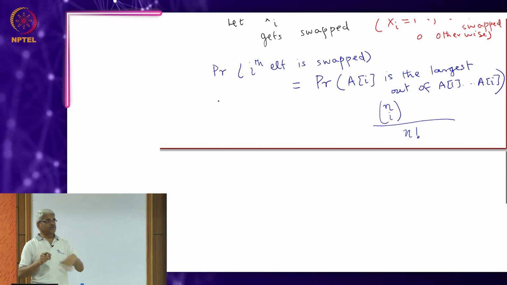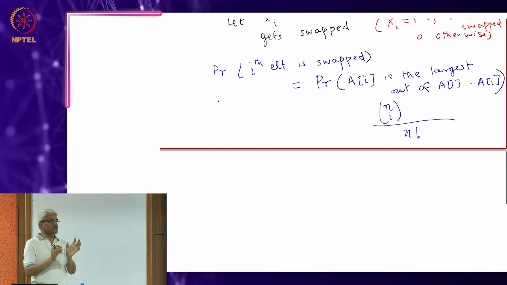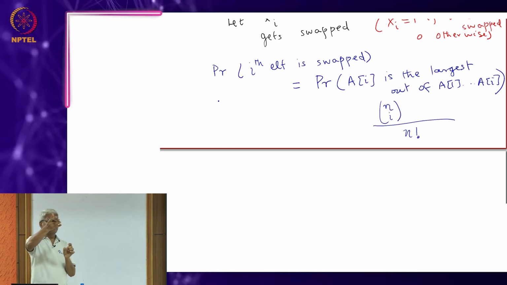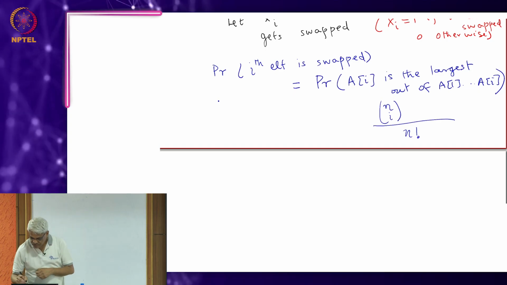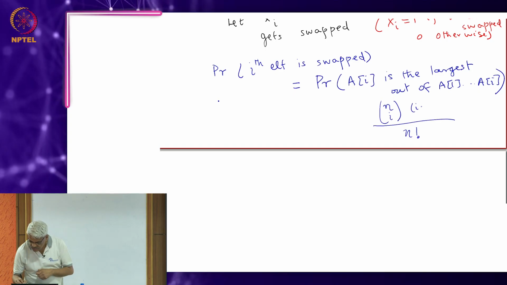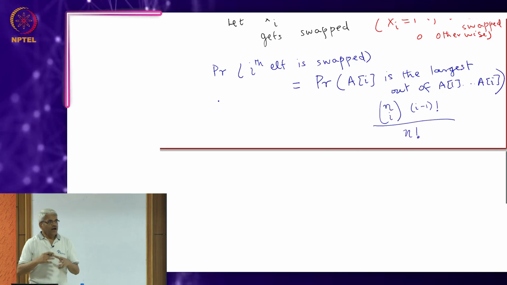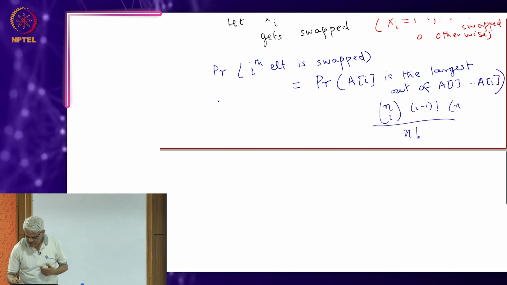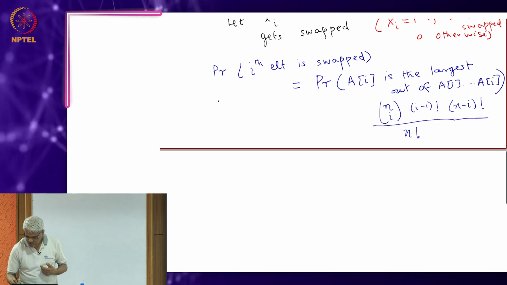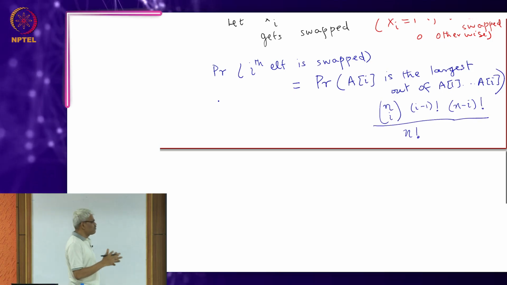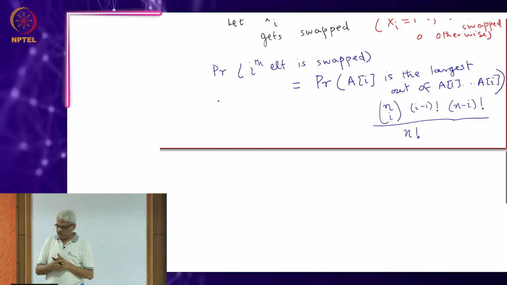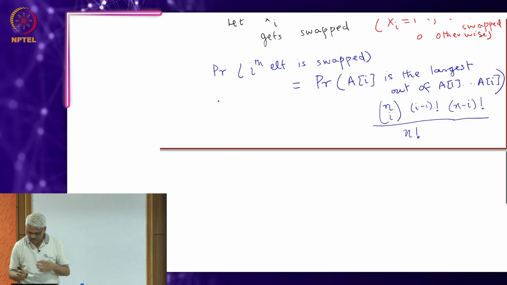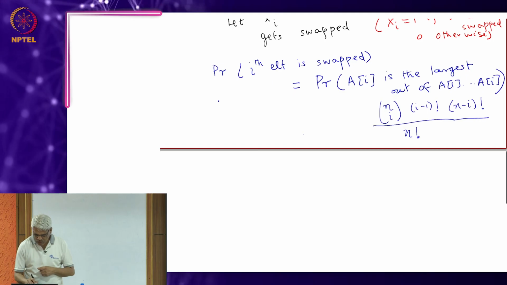Out of the i factorial permutations, the ith element is supposed to be the largest, so there are i minus 1 factorial permutations. And for the remaining n minus i elements, I don't care, so all possible permutations are allowed. This is a very crude way of finding it; there may be other nice intuitive ways. If you do all these calculations, if I didn't make any mistake, it will turn out to be 1 over i.